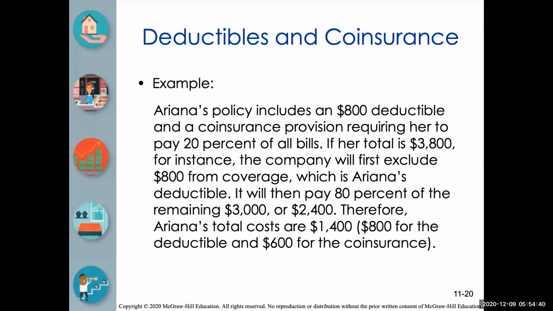Well, she's on the hook for the deductible. So the first $800 of this $3,800 bill, she's paying for, because that's her deductible. Co-insurance doesn't kick in until she exceeds the deductible. So the insurance company excludes the first $800 from the coverage, because Ariana is going to pay for that.